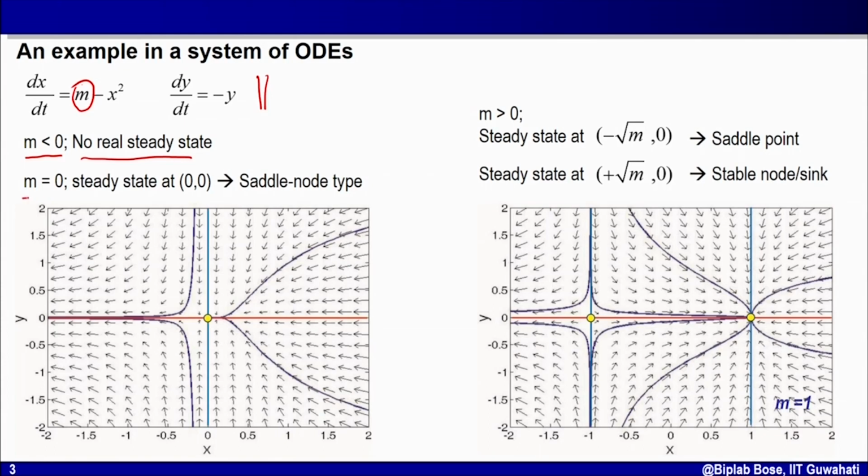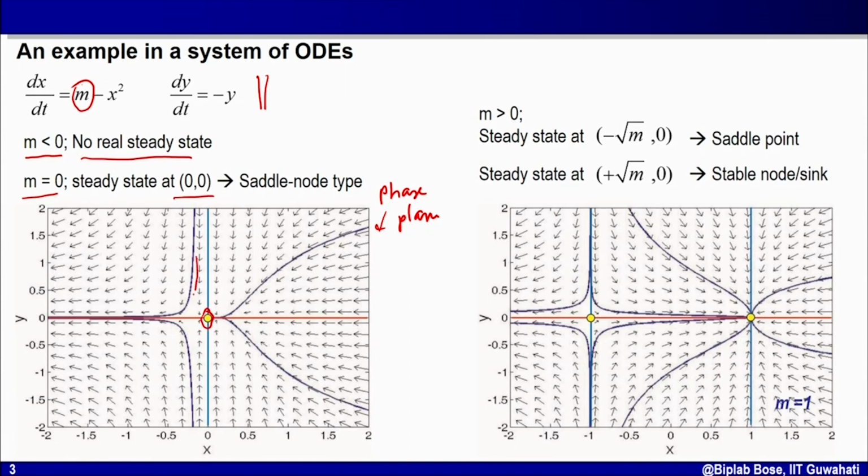When m equals 0, you have one steady state, that is (0, 0), and I have drawn the phase plane here, which you have seen earlier. You have this (0, 0), the yellow dot, which is a saddle node type.